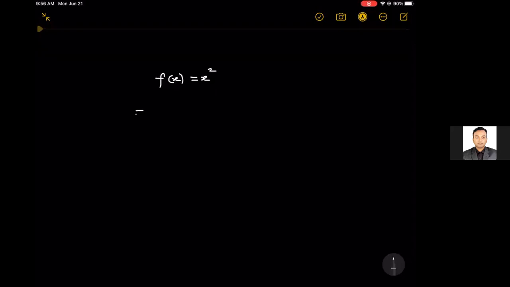So if you have f of x equals x squared, if I plug in negative x, let's see what happens. I'll replace my x's with negative x, and negative x, the quantity squared, is still x squared. Do you agree? And x squared is actually f of x, right?